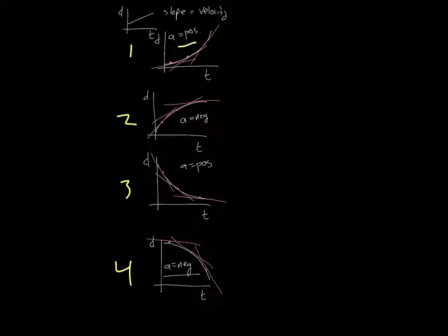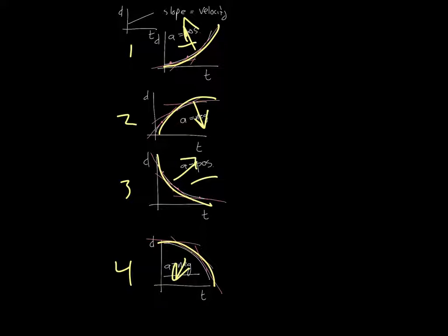Well, this one's positive and this one's positive. All right? It's curving up and this one's curving up, meaning that the curve faces up. This one is a negative acceleration and this one's a negative acceleration, and their curve is facing down.